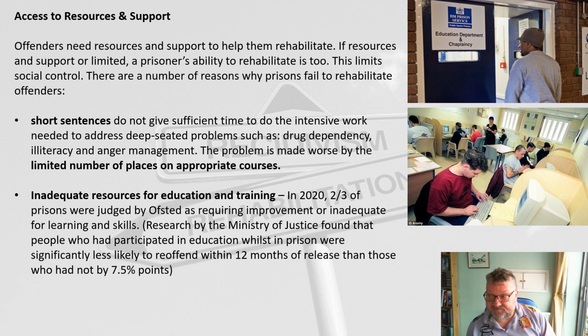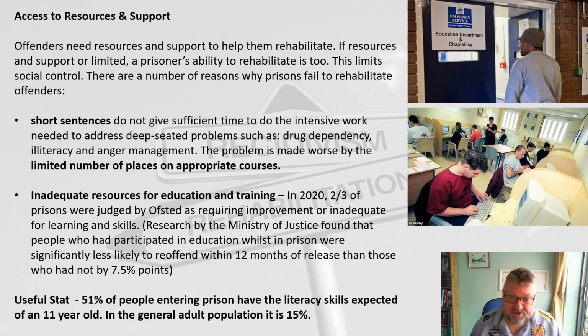Research by the Ministry of Justice found that people who participated in education whilst in prison were significantly less likely to reoffend within 12 months of release than those who had not, by 7.5 points. So we've got basically inadequate provision for education, but at the same time we're saying that if you do manage to get education, you are less likely to reoffend. So worth thinking about that.